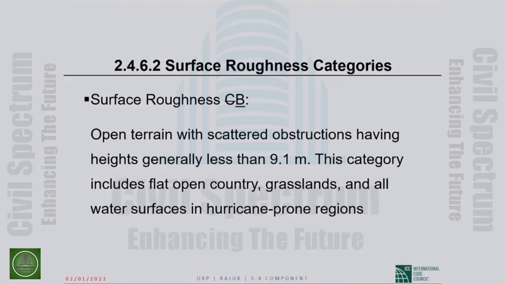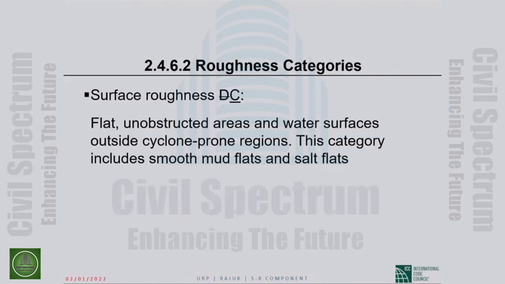Okay, that again has explanation, but I do not have time to go into that level of detail. C is flat, unobstructed areas and water surfaces outside cyclone-prone regions.